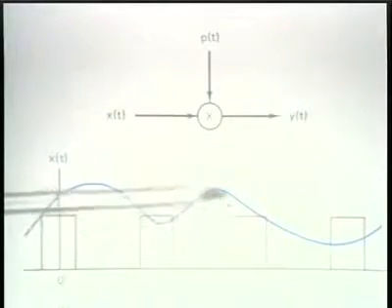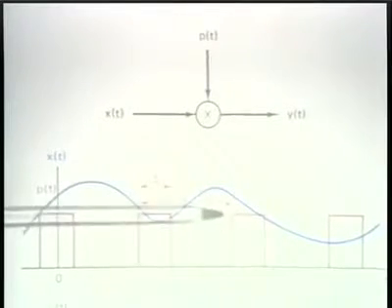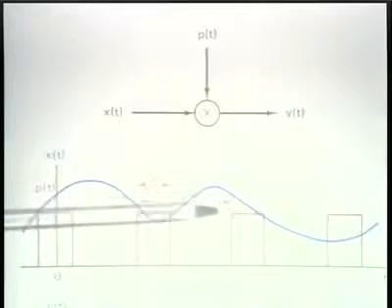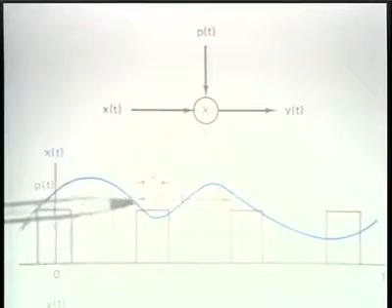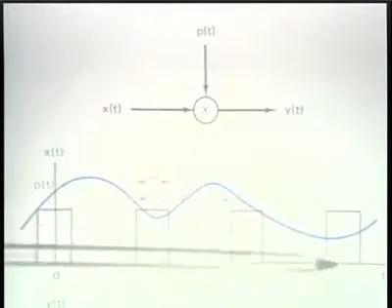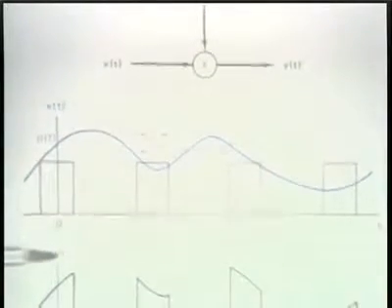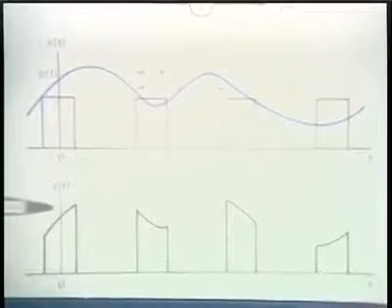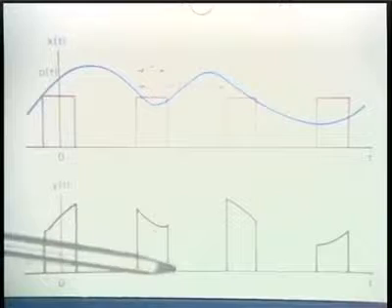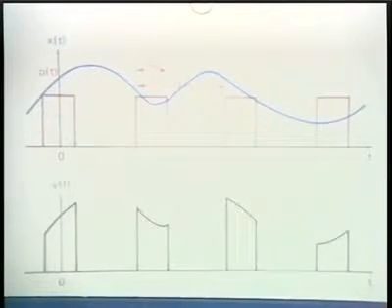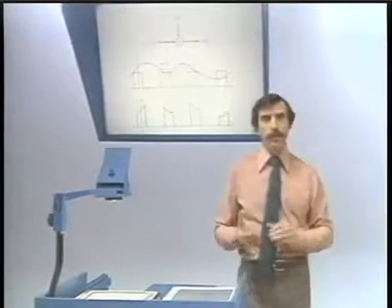And so what we want to do is multiply the input signal by a pulse train, and in effect then, the modulated signal consists of the original signal simply with time slices pulled out of it, as I've indicated in the bottom curve. So what we have now is a modulated signal that is a chopped or sliced version of the original waveform, and that is what's referred to as pulse amplitude modulation.